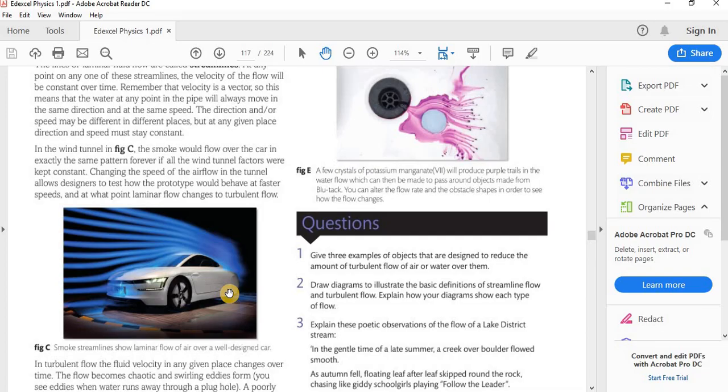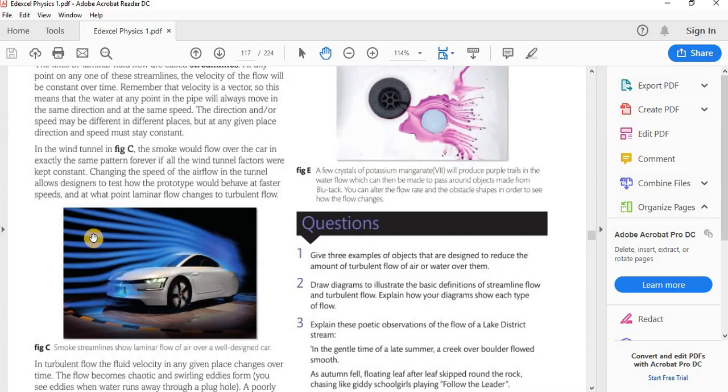When you minimize the turbulent flow, or when we have turbulent flow occurring at a very high speed, then the car uses less fuel. The car uses less petrol or diesel. Okay, because it has to do less work against air resistance.